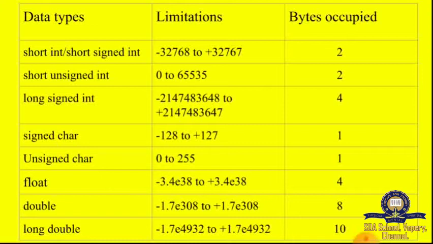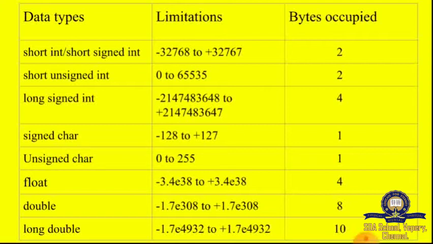Float is minus 3.4E38 to plus 3.4E38. The bytes occupied here is 4. Double is minus 1.7E308 to plus 1.7E308. Bytes occupied here is 8.